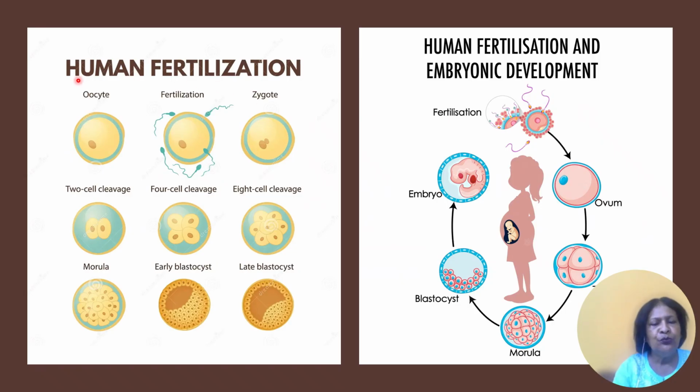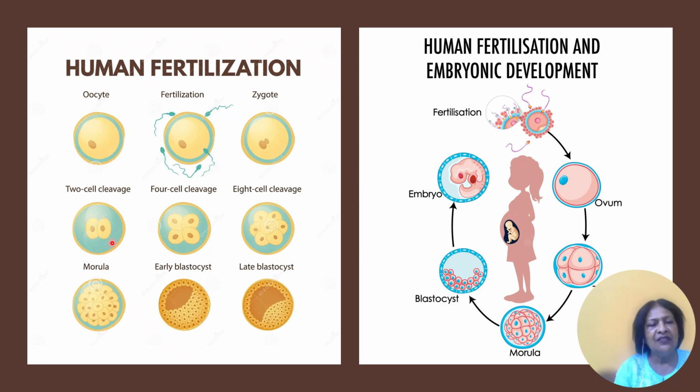When the human oocyte is fertilized by a sperm, it immediately forms a zygote. This is still a single cell with two nuclei, the nucleus of the egg and the nucleus of the sperm. Then it starts dividing.